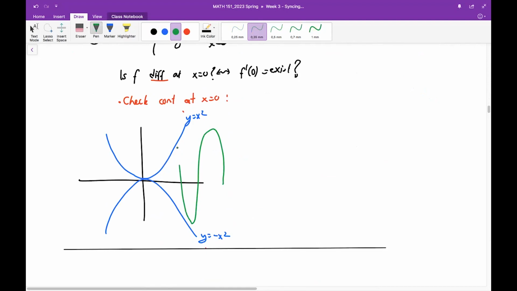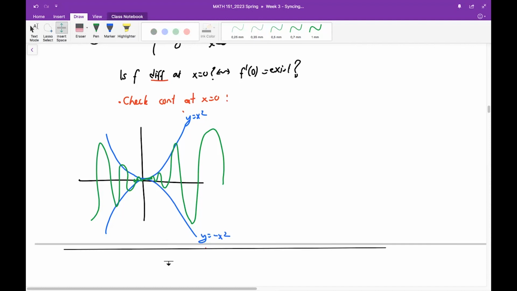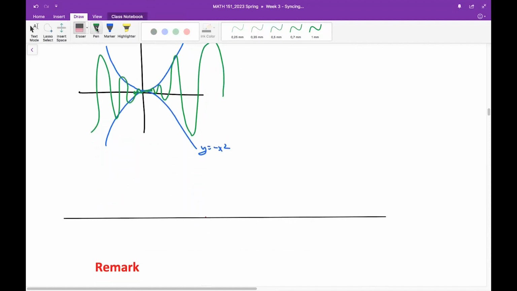The same kind of oscillation will happen. Your curve will try to oscillate widely around the origin, but we don't let it this time because it has to be between these two curves. It has to be controlled like this. We push the curve to get closer and closer to 0 around the origin. That's why there is no more wide oscillation at the origin and the limit exists, right?